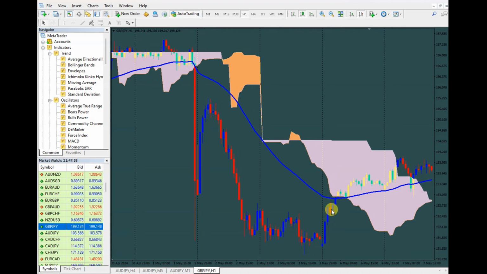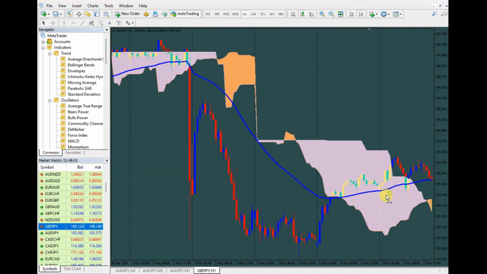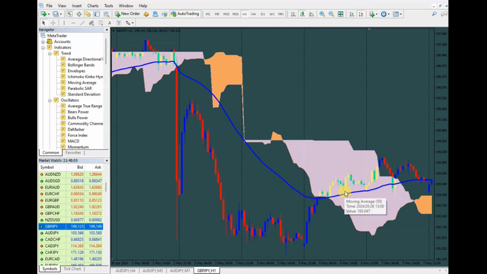So let's take, for example, we are at this point in the market, and this is our EMA, which is guiding us to know if price is above, and we are looking at the point when the price is above the Ichimoku, and also the price is above the 50 EMA moving average.